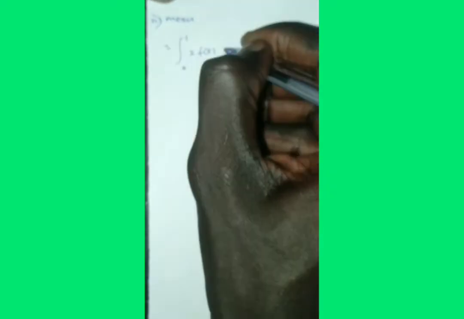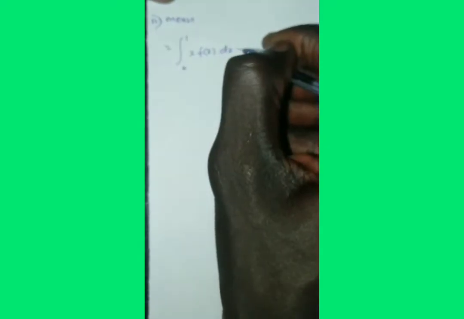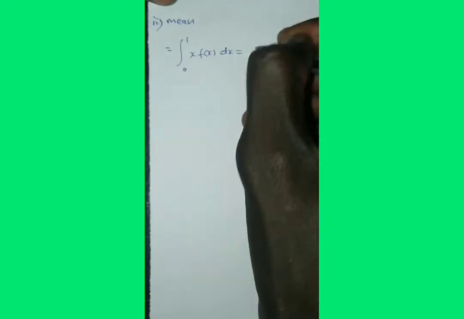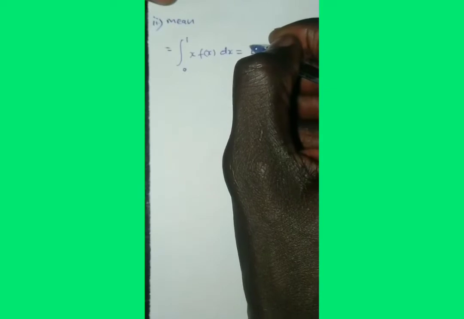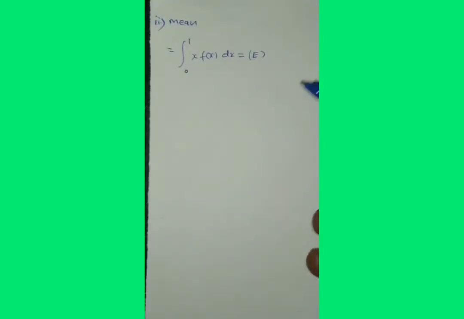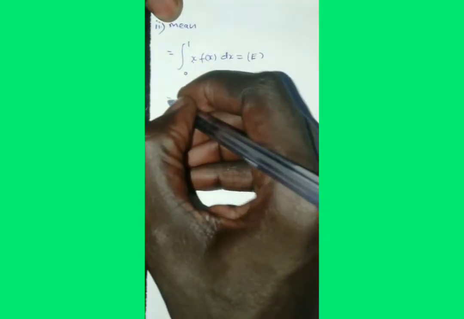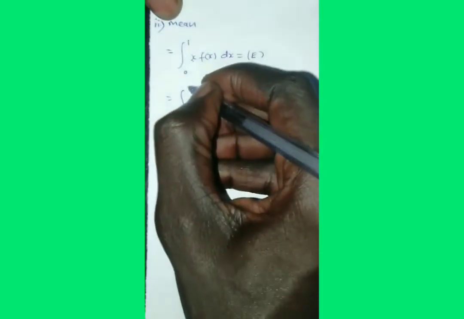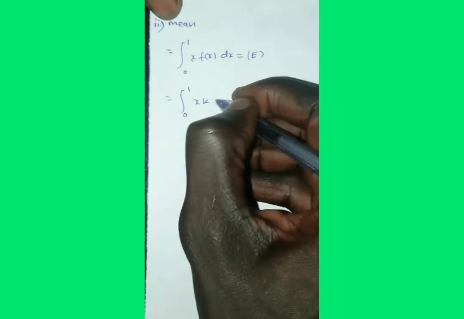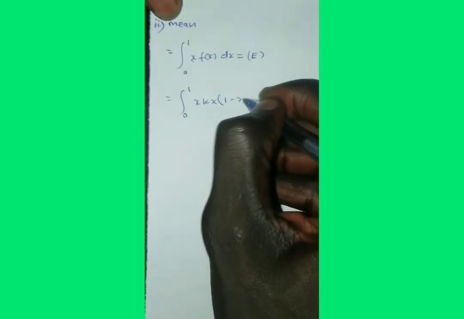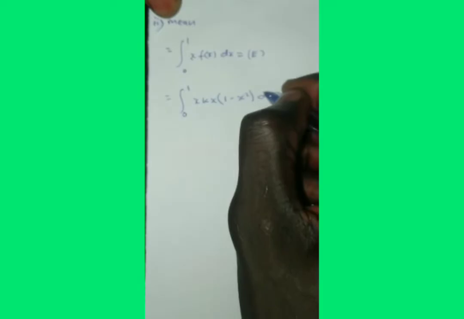Let me write the whole formula, expectation of x. This is the mean, we just introduce x from there. So it will be like this, x times kx into 1 minus x squared dx.